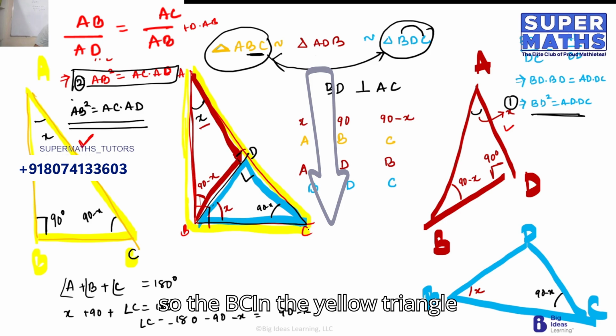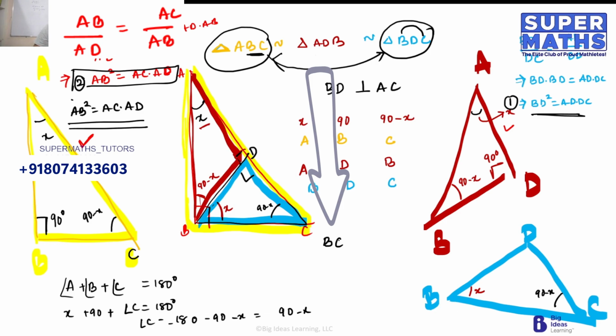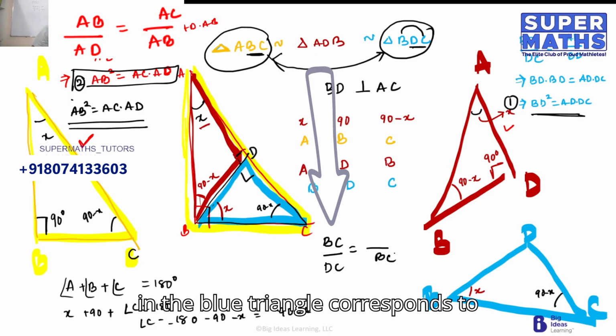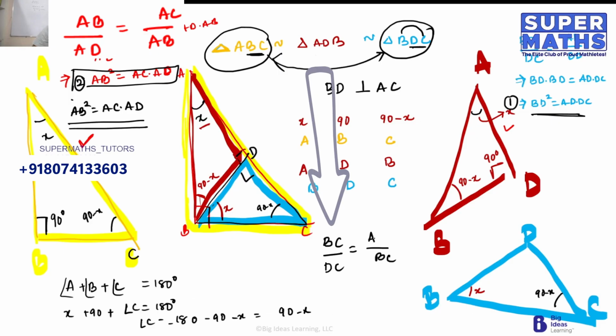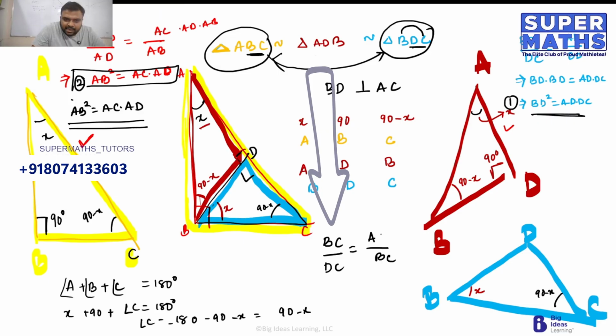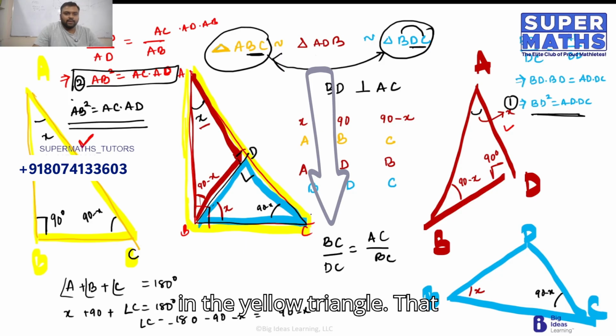Okay, so the BC in the yellow triangle corresponds to DC in the blue triangle, and BC in the blue triangle corresponds to AC in the yellow triangle.